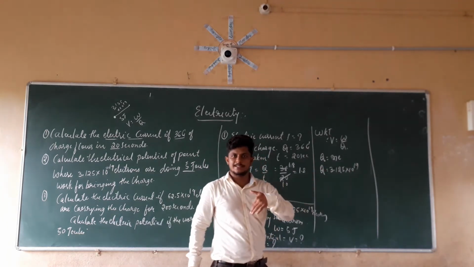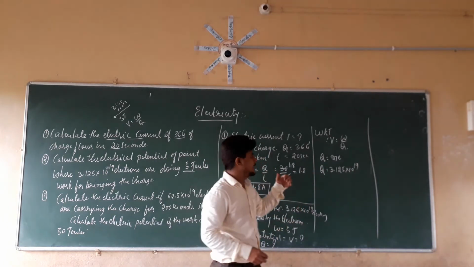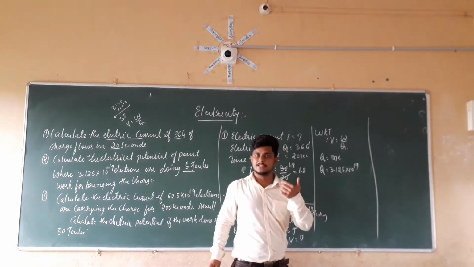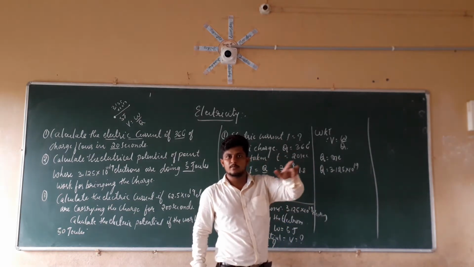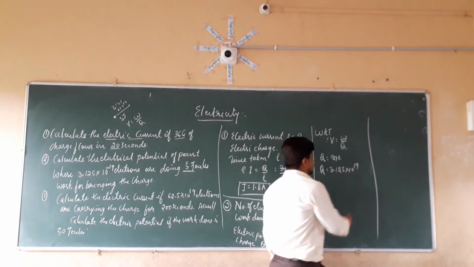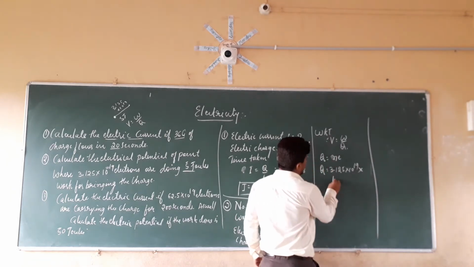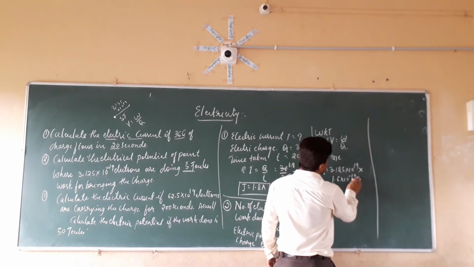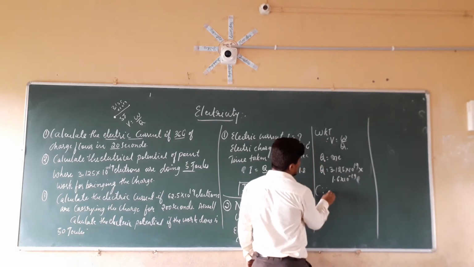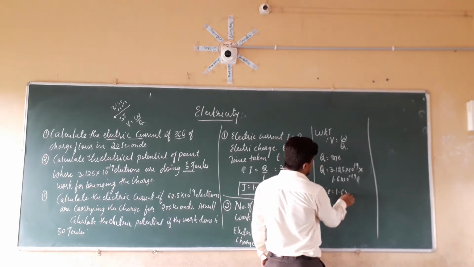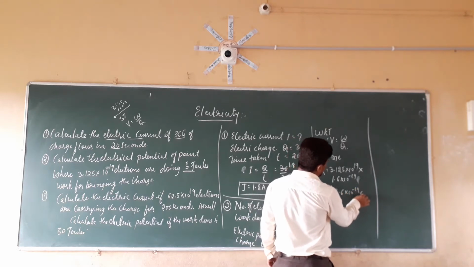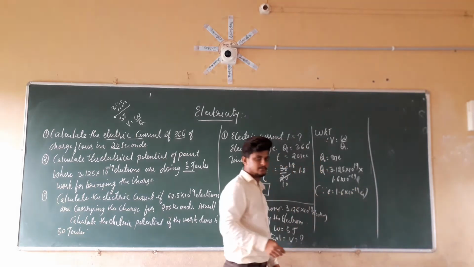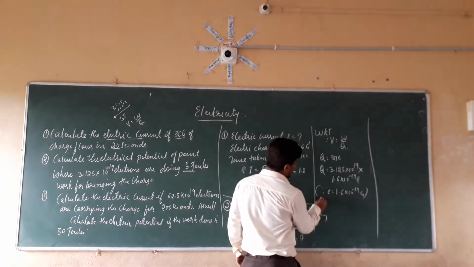I already told you that it is a universal constant, the charge of one electron, which is equal to 1.6 into 10 raised to minus 19 coulombs. Since E equals 1.6 into 10 raised to minus 19 coulombs, this is the universal constant.